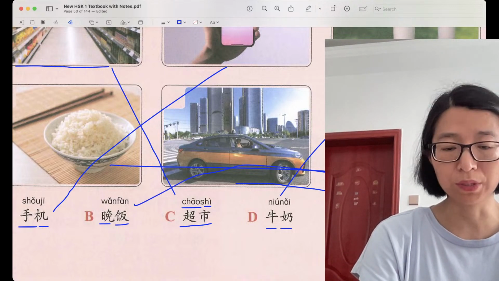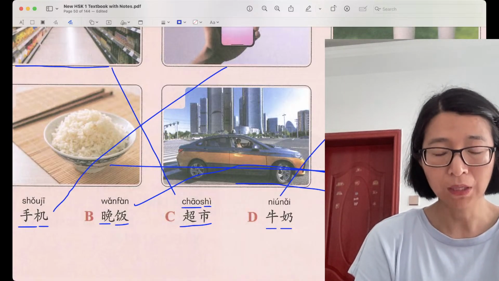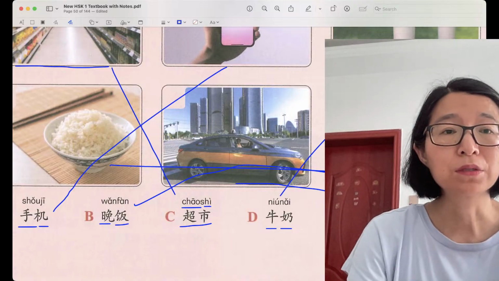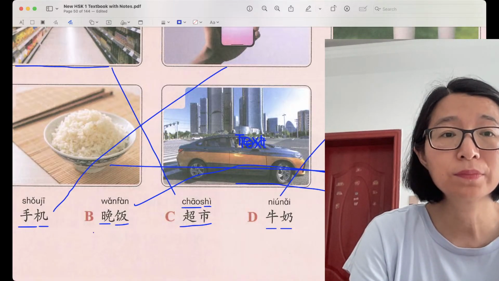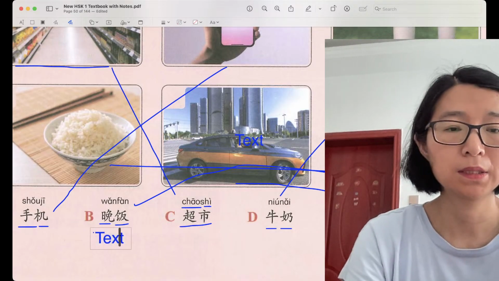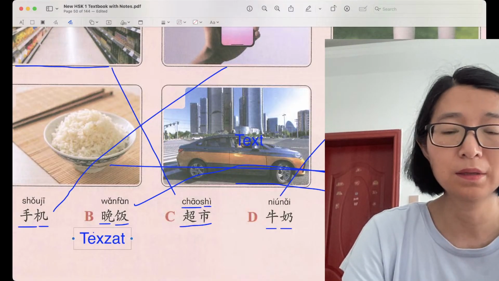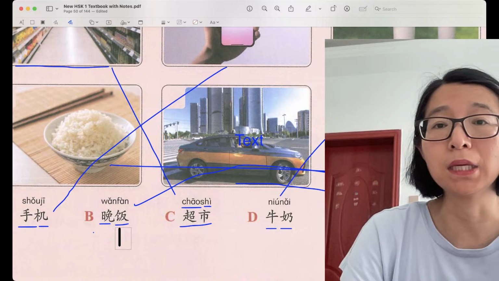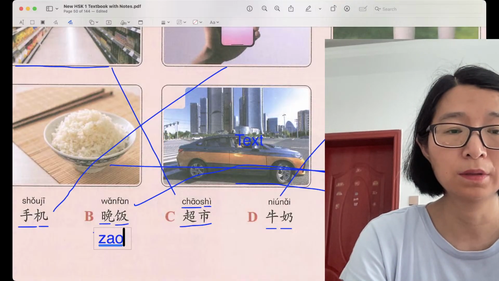Since we talked about dinner, we can also talk about some other words. How to say breakfast in Chinese? We say 早饭. 早, we greet each other with 早上好.